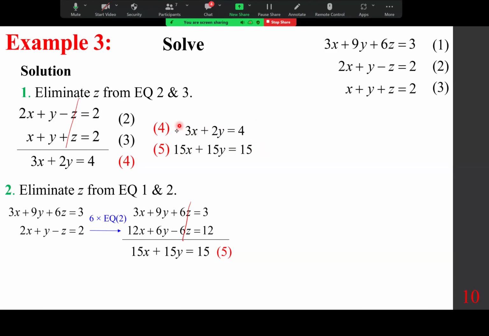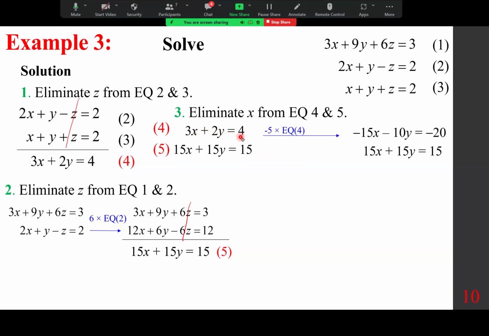So let's multiply this one by -5. We're going to eliminate x from equations 4 and 5. Multiplication by -5 gives us -15x minus 10y equals minus 24. Equation number 4 changes to that.